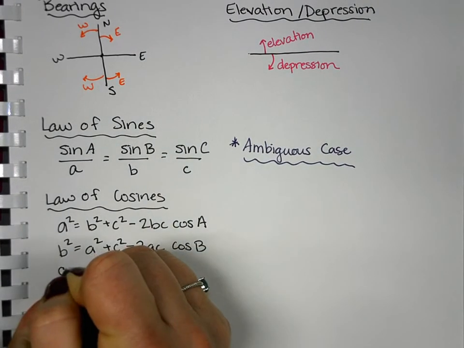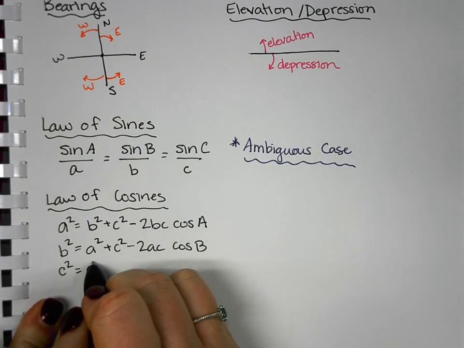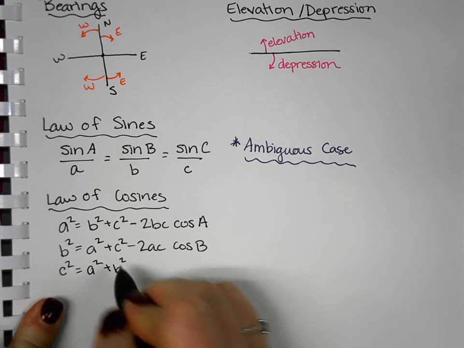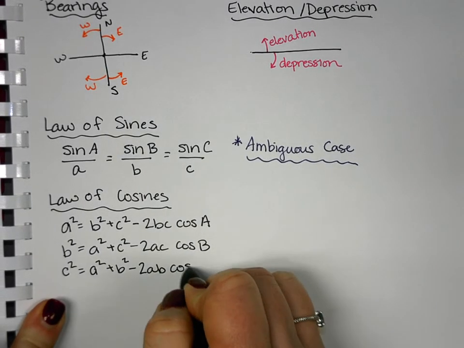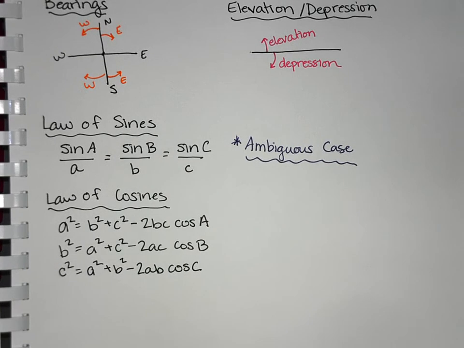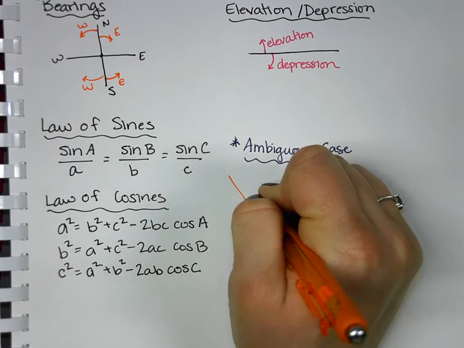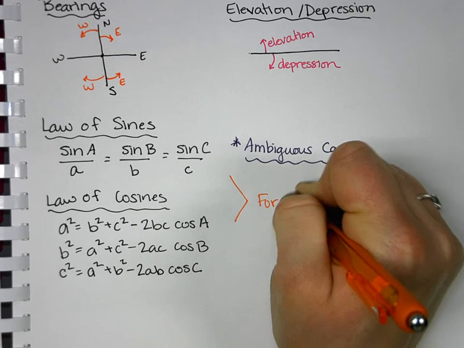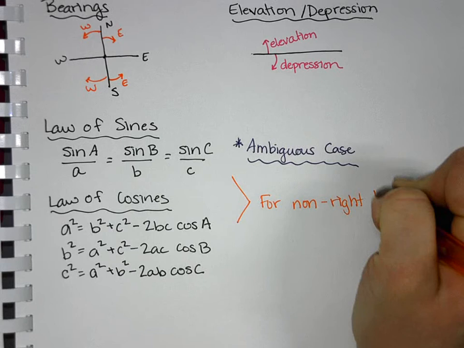And when we want angle C, we have to move C to the opposite side of the equation. And so our law of cosines and our law of sines were again used for non-right triangles. So both of these are for non-right triangles.